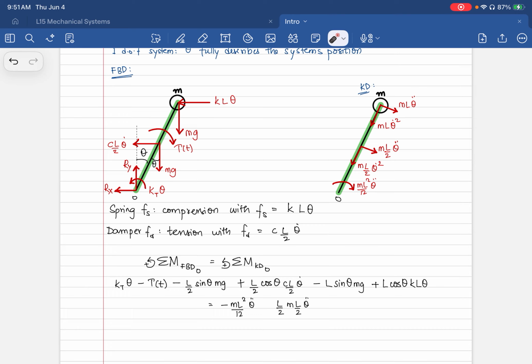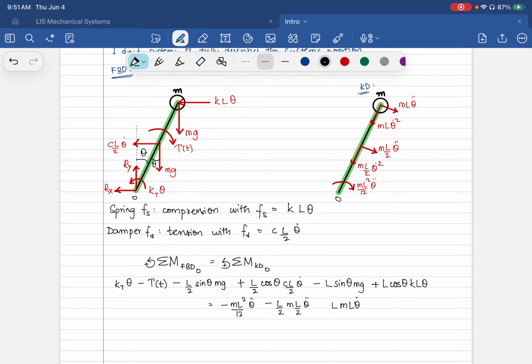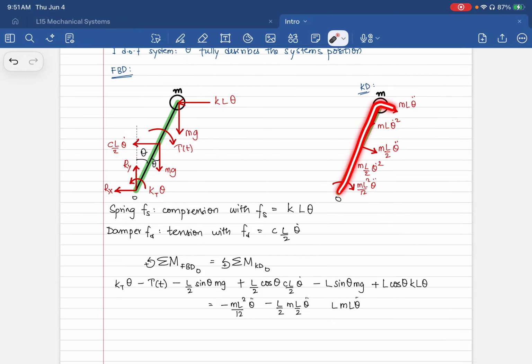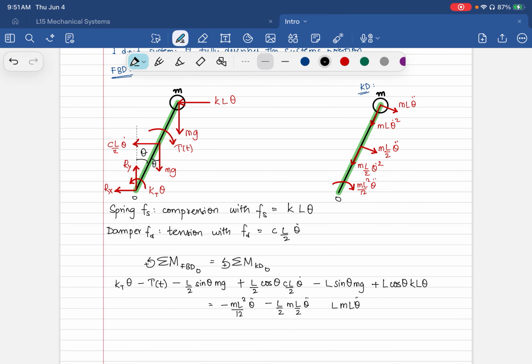What direction is that? It's in this direction, which is opposed. So again, minus. And then finally you have this here, L times m L theta double dot. And this is again R cross F, giving you this sense, which is opposed to this. So you have minus.